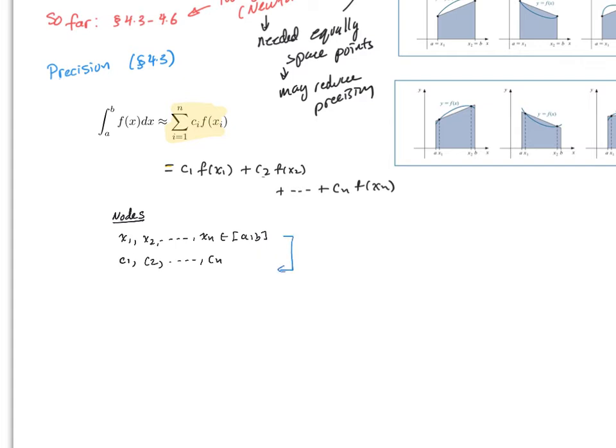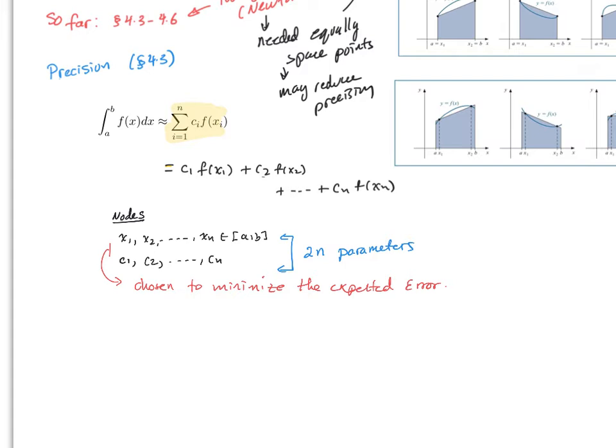So technically here we have 2n parameters. And like I just mentioned, you want to choose them to minimize the expected error.